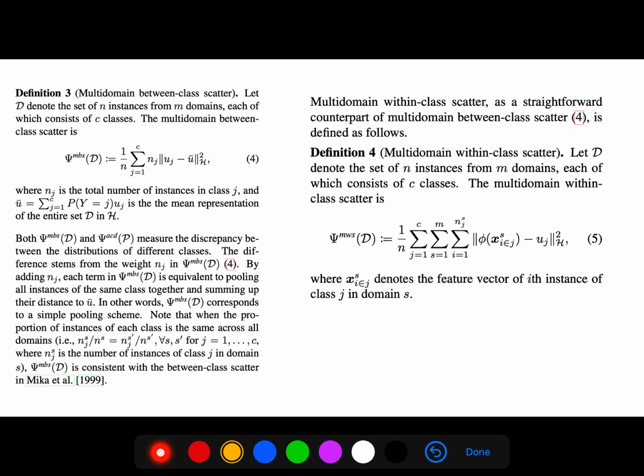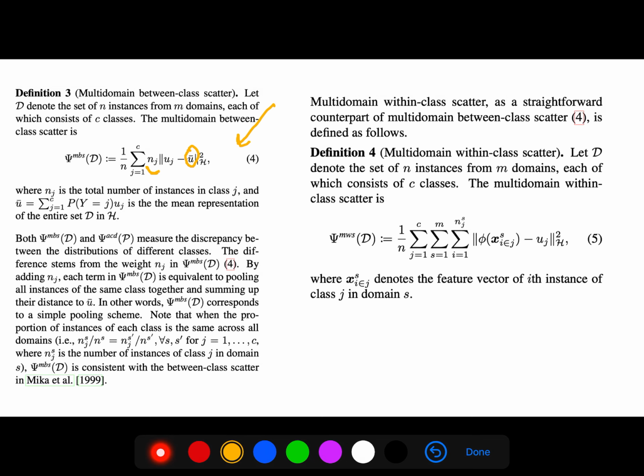This is the multi-domain between class scatter. And n sub j is just the total number of instances in class j. And so we get this mean representation of the entire set.